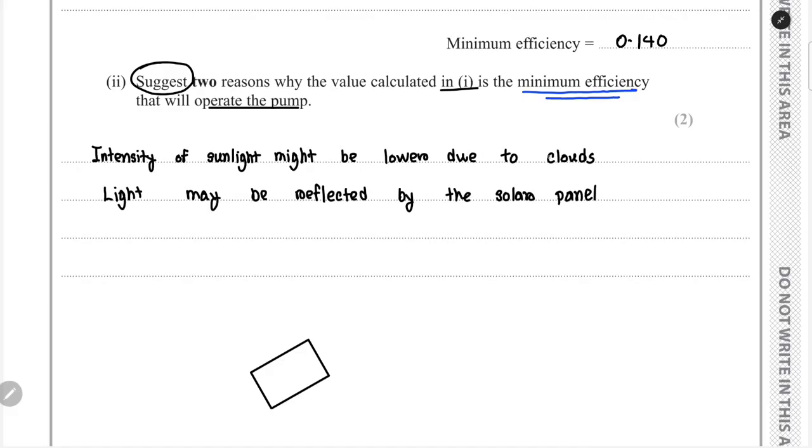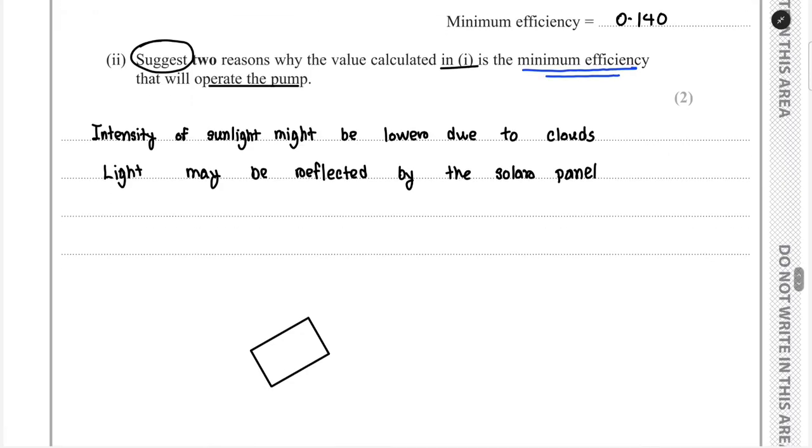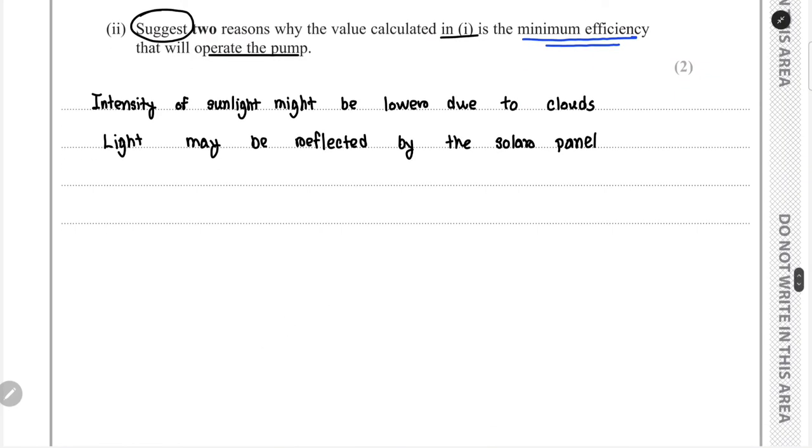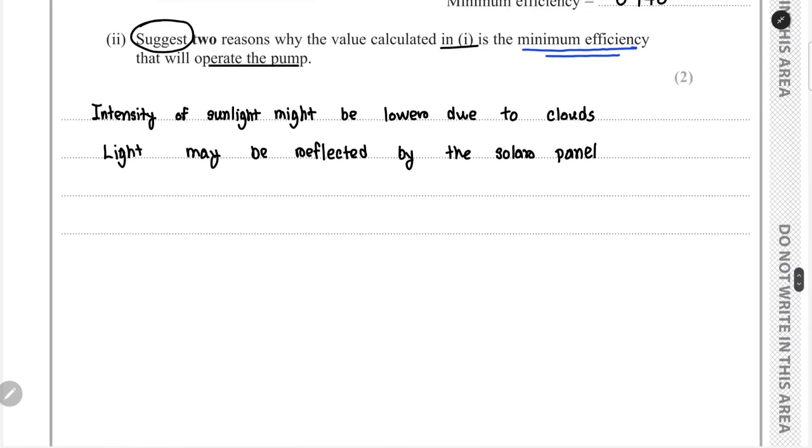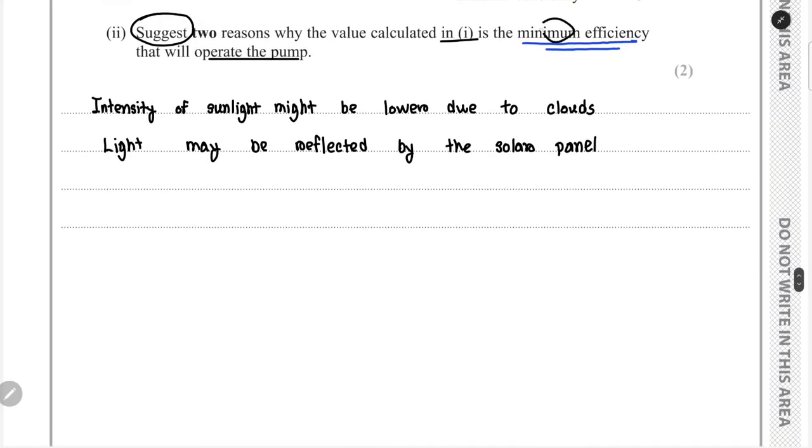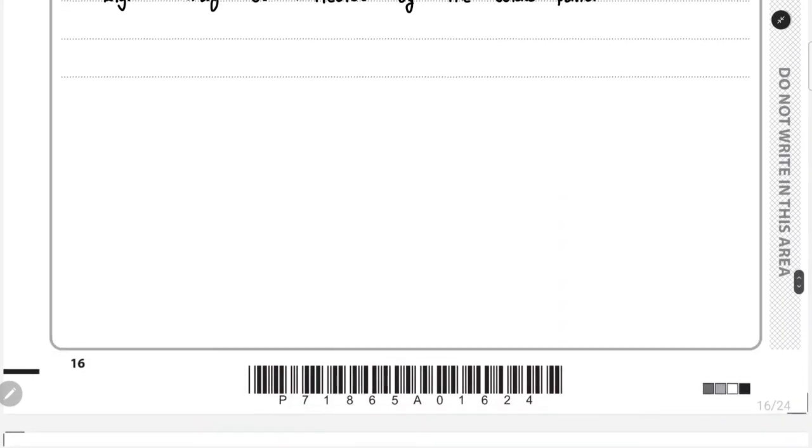So the intensity might be lower due to clouds, rain, fog, any condition, and the light may be reflected by the solar panel. So not all of the intensity of the light is absorbed, some of it is reflected away. These are the 2 points, that this is the minimum efficiency, and it might actually be higher than that. We might need a higher efficiency for operating the pump.